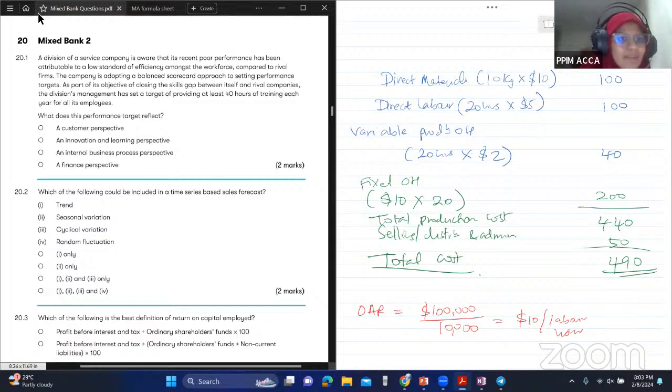The division's management has set a target of providing at least 40 hours of training each year for all its employees. What does this performance target reflect?